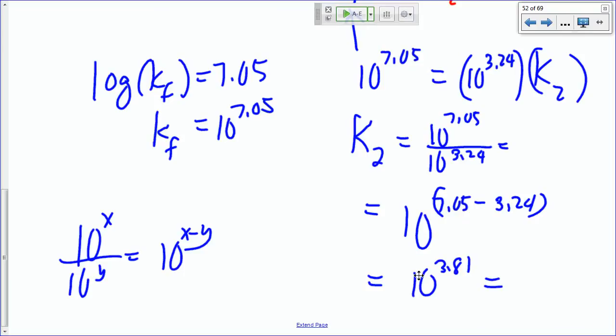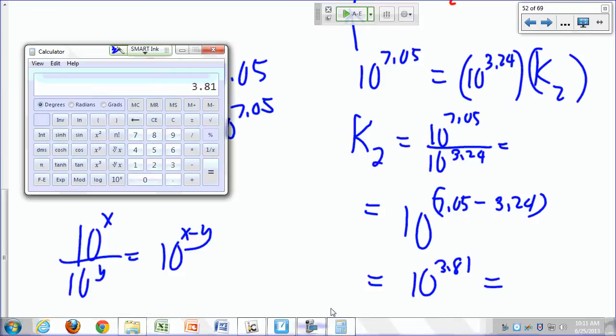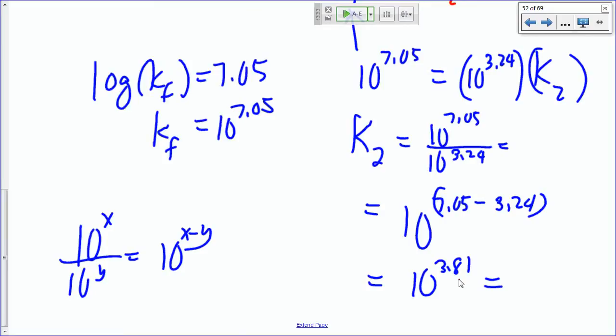10 to the 3.81. And if you want an actual number for that, you take the antilog of 3.81, you get 6,456. This has 2 decimal places.